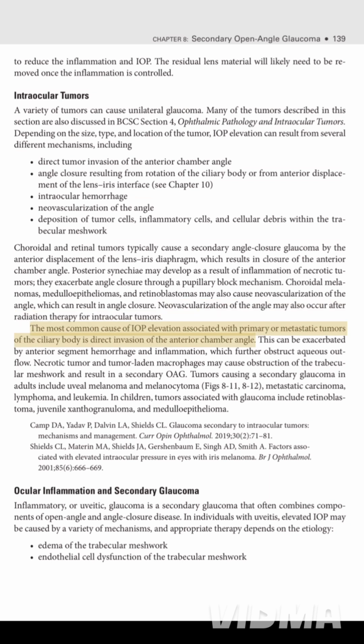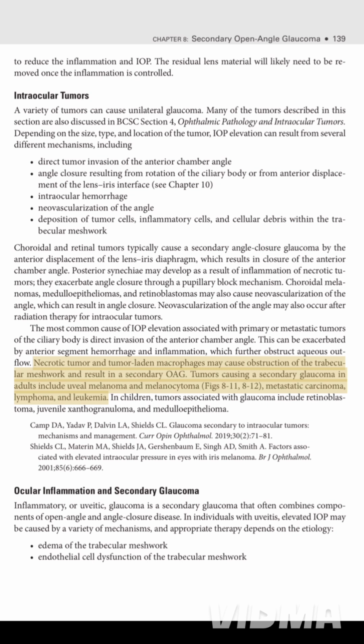The most common cause of IOP elevation associated with primary or metastatic tumors of the ciliary body is direct invasion of the anterior chamber angle. This can be exacerbated by anterior segment hemorrhage and inflammation, which further obstruct aqueous outflow. Necrotic tumor and tumor-laden macrophages may cause obstruction of the trabecular meshwork and result in a secondary OAG.